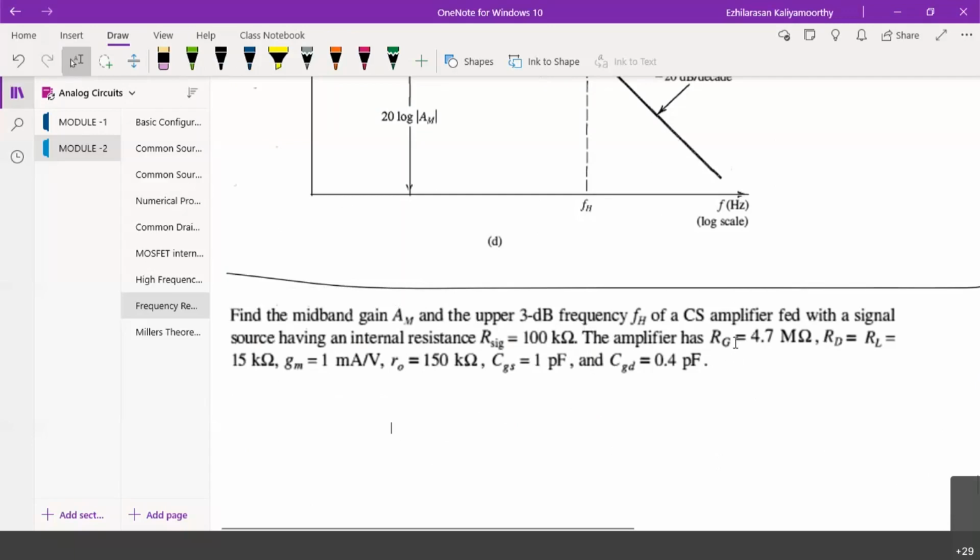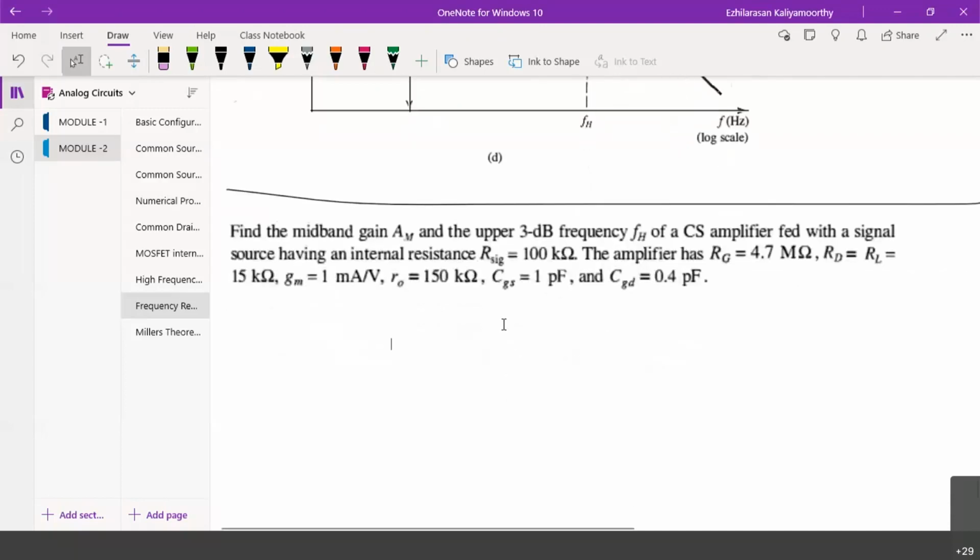The amplifier has Rg, the gate resistance, equal to 4.7 mega ohm, Rd equal to RL equal to 15 kilo ohm, GM equal to 1 milliampere per volt, R0 equal to 150 kilo ohm, CGS equal to 1 picofarad, and CGD equal to 0.4 picofarad. So all the values are given in this numerical.